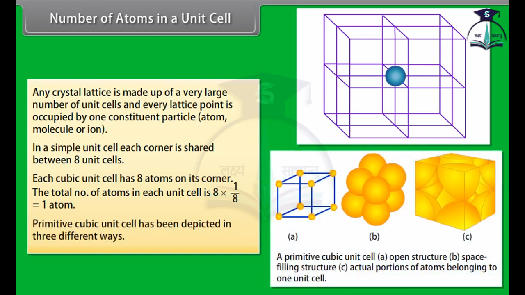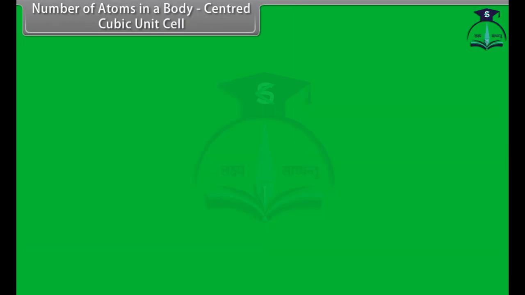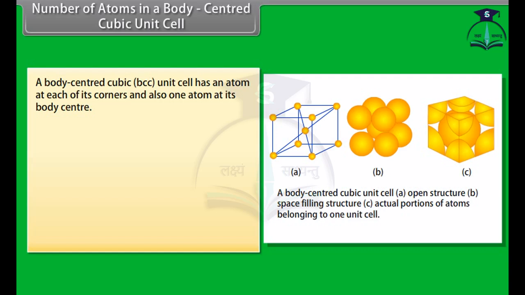Primitive cubic unit cell has been depicted in 3 different ways. Number of atoms in a body-centered cubic unit cell. A body-centered cubic BCC unit cell has an atom at each of its corners and also 1 atom at its body center.